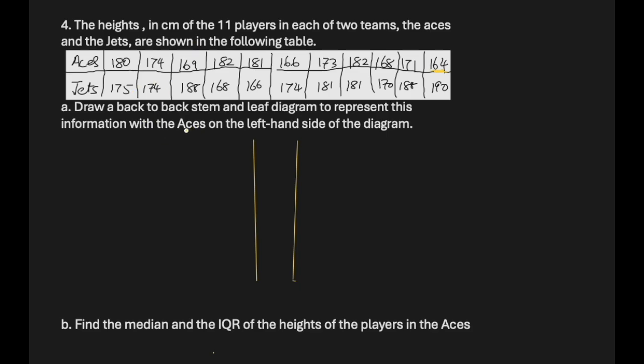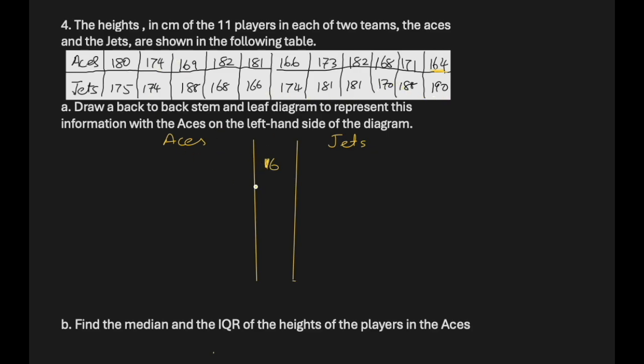They said aces on the left hand side, so aces will be here, and jets will be on the right side, obviously. So 160, right? So 16 I'm writing here. What is smallest in this one? 166 here. Okay, 160, so 16.